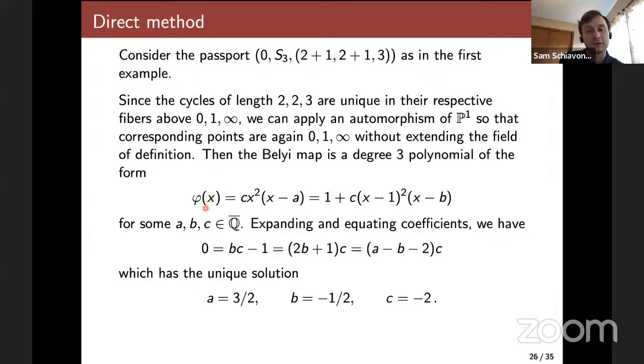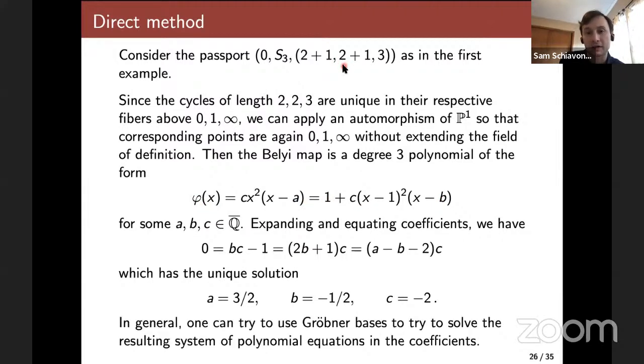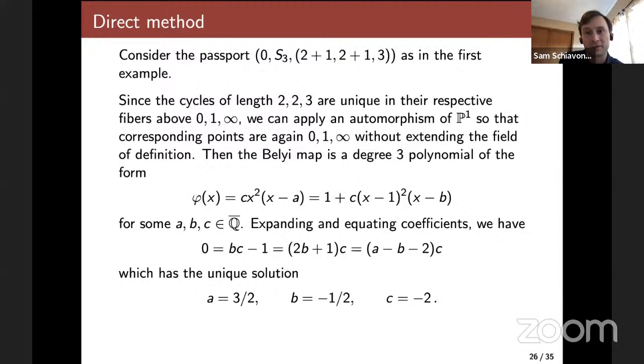And similarly, if we write phi as 1 plus something, this point with ramification index 2 being 1 gives us this factor of x minus 1 squared, and then this one is some other point in Q bar. So we get this factorization of phi with these 3 as yet undetermined coefficients a, b, and c, which we can take to be algebraic numbers.